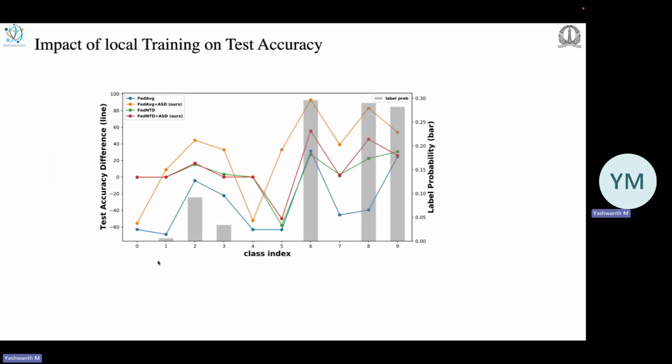So what the typical impact of local training on heterogeneous data is can be understood from this figure. This represents the accuracy difference before and after the local training at a particular client, which has a skewed label distribution. So the negative portion implies that the model has forgotten the knowledge of the global model, and the positive ones imply it has learned.